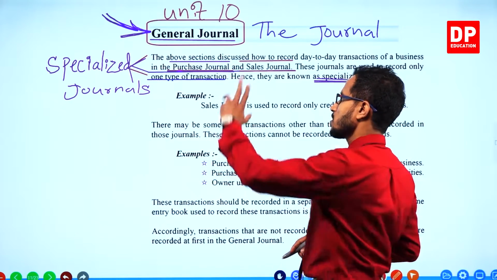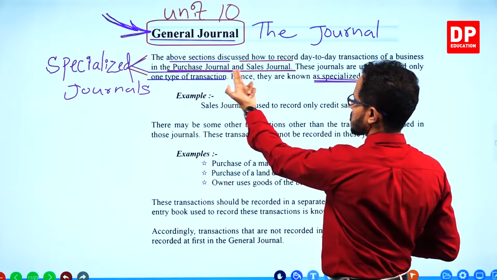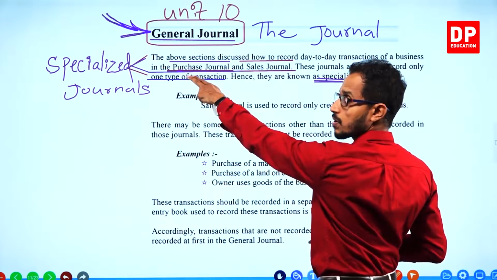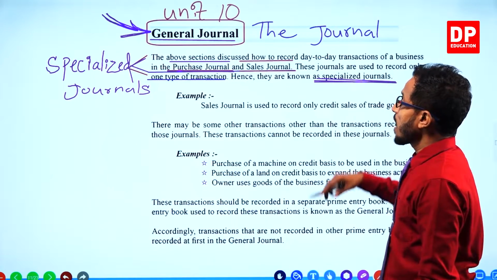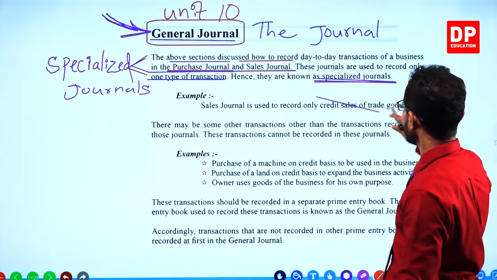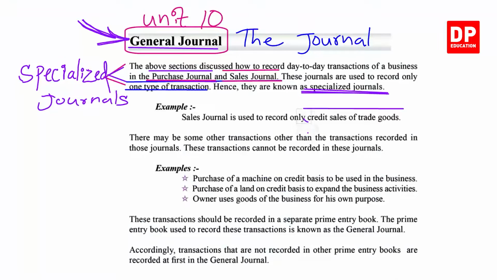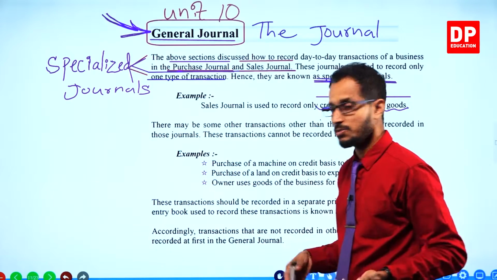You know what specialized journals are, right? Example, the sales journal is used to record only credit sales of trading goods. Yeah, specific transaction.